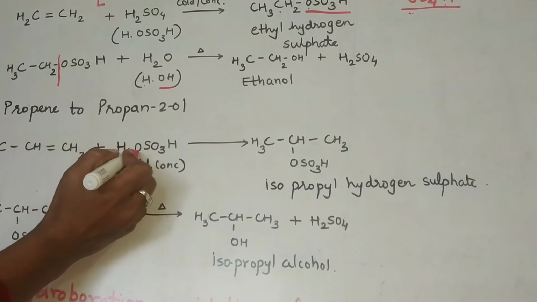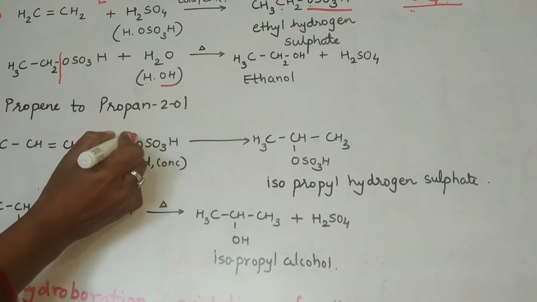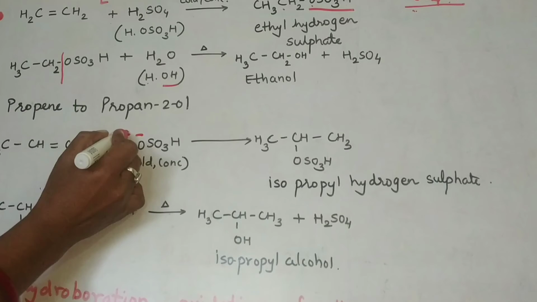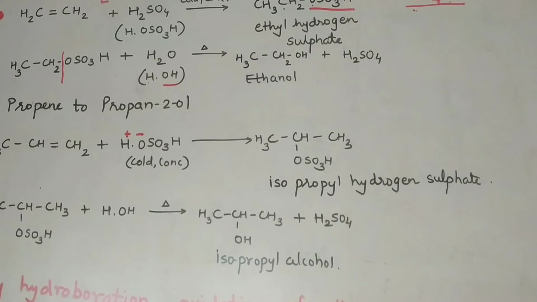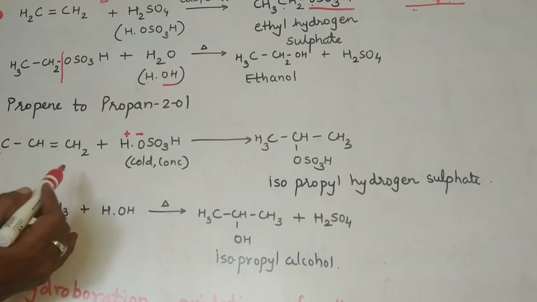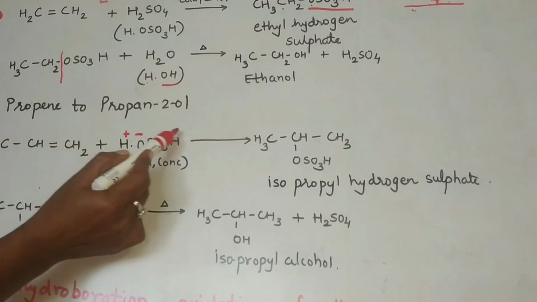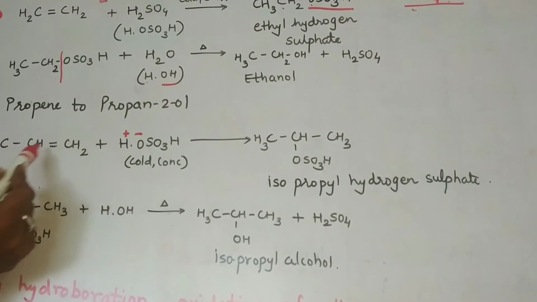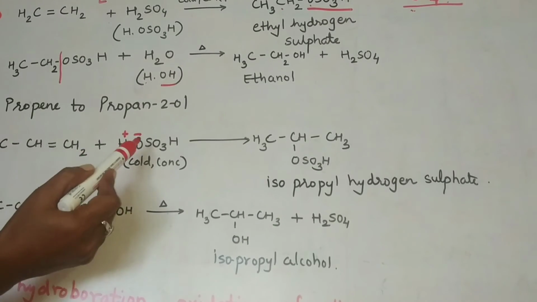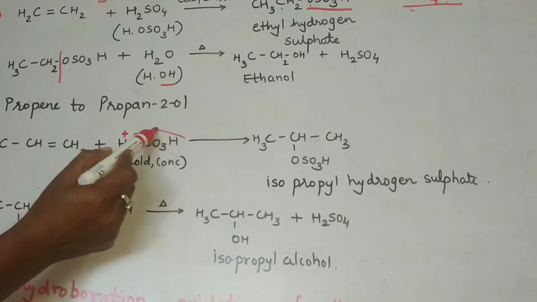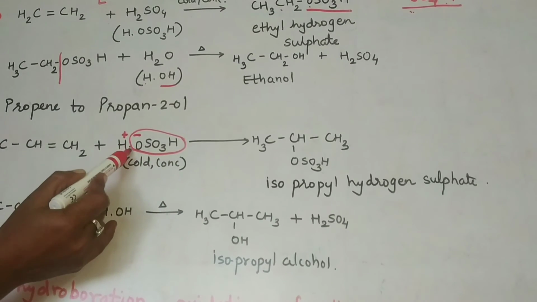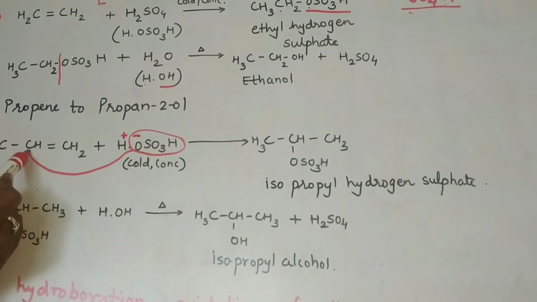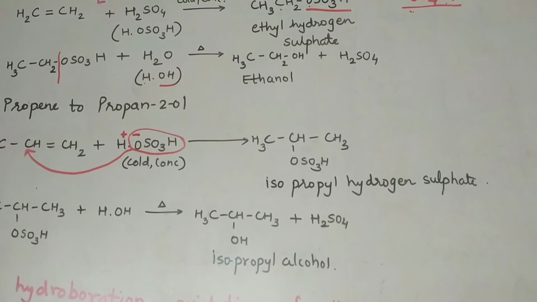Let's see the reaction. In the reaction, OSO3H is the negative part, and H plus becomes the positive part. According to Markovnikov's rule, during addition of an unsymmetrical reagent to an unsymmetrical alkene, the negative part of the reagent gets attached to the carbon that contains less number of hydrogen atoms.